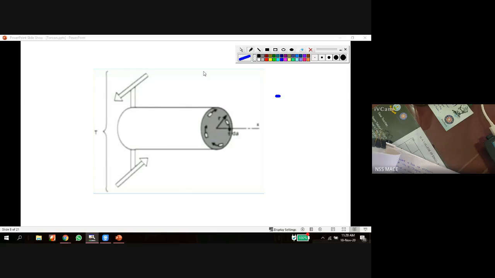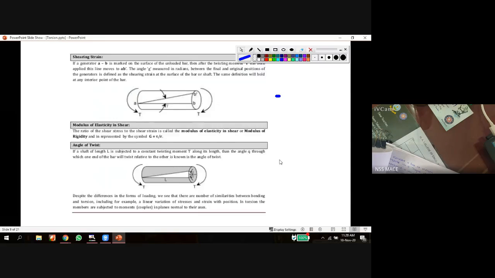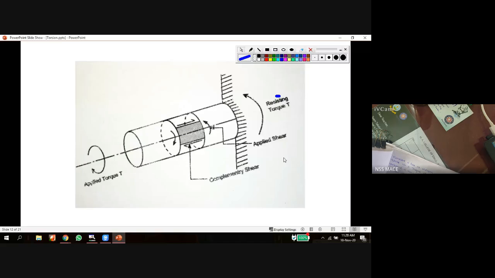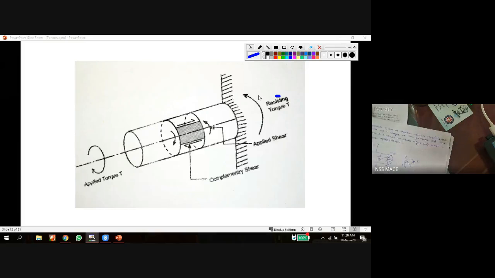So here in this cross section, shear force or shear stress is developed, and I am taking that cross section. In this picture, we can see this end is fixed.